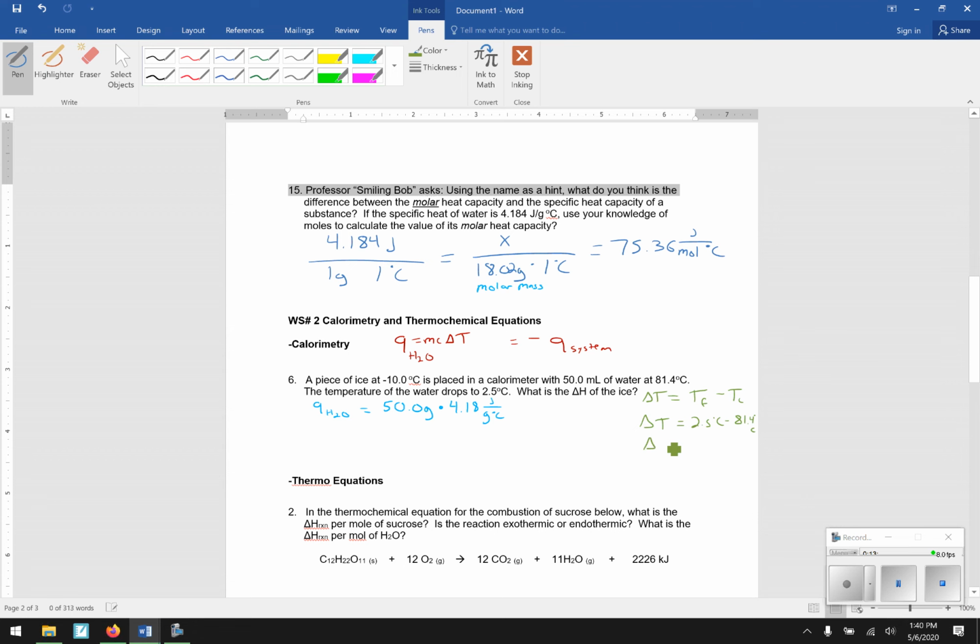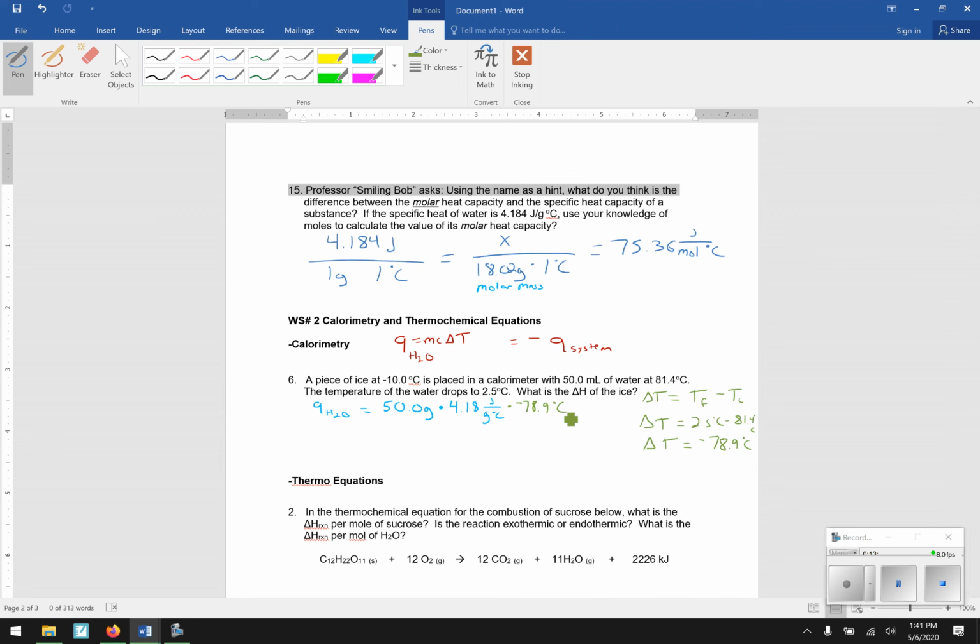But we will see that delta T equals some number that I'm going to figure out on the calculator. And the delta T is negative 78.9. The fact that the delta T is negative makes sense because the water got cooler. Being cooler, delta T is negative.